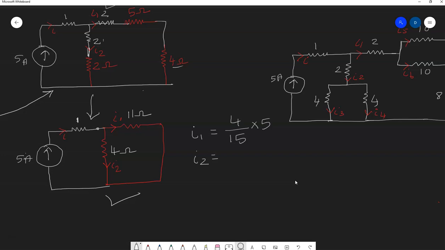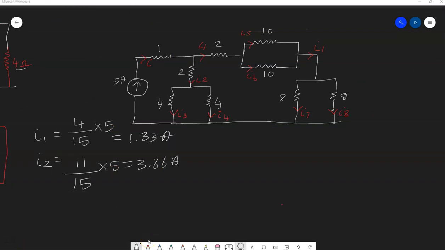And I2 will be the other resistor 11 divided by total resistance 15 times 5. So if you use your calculator, I've got the current I1 as 1.33 amps and I2 as 3.66 amps.